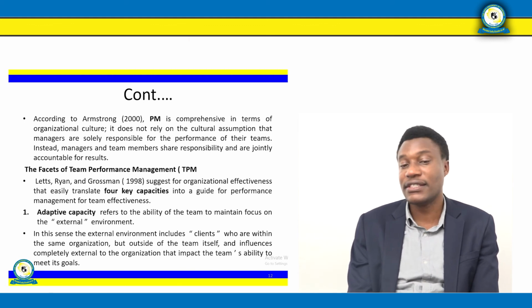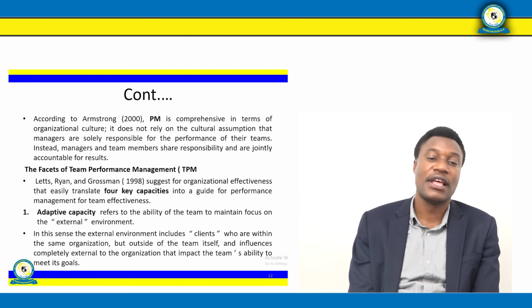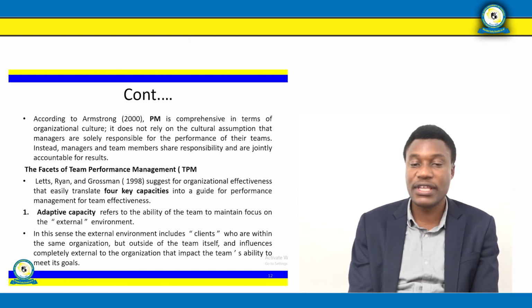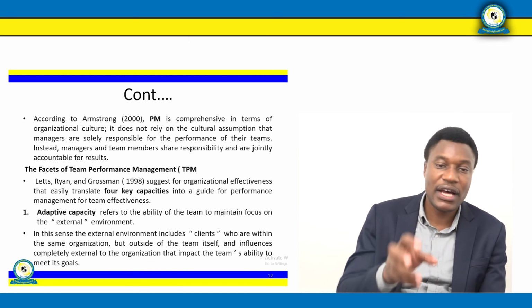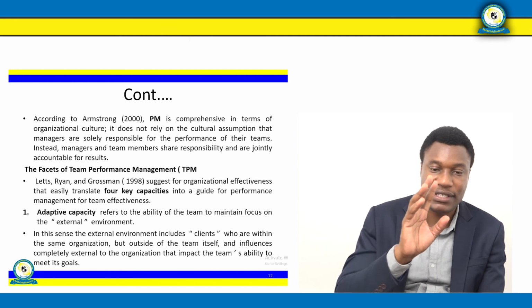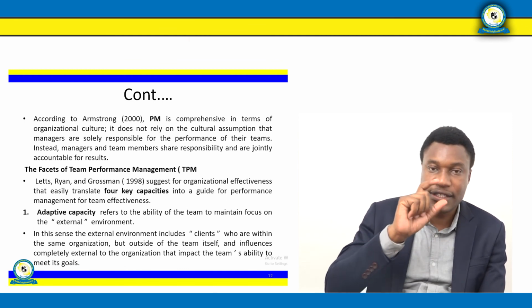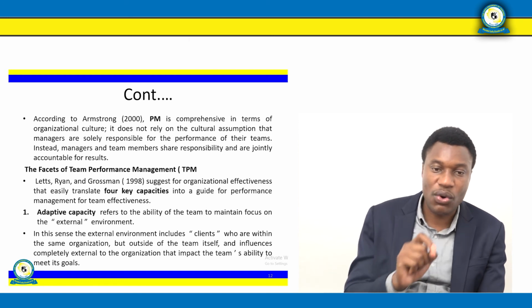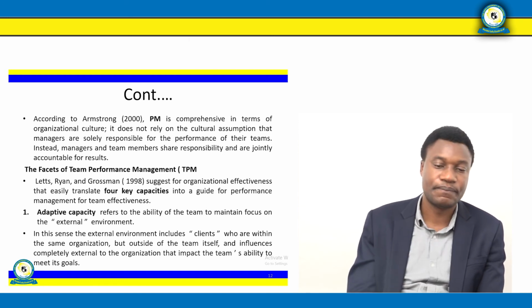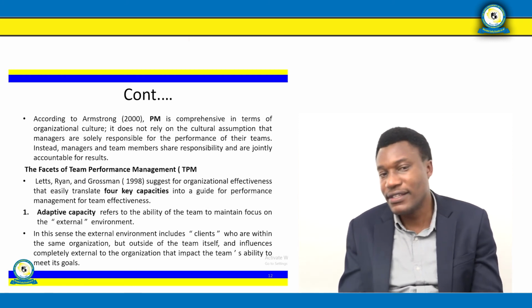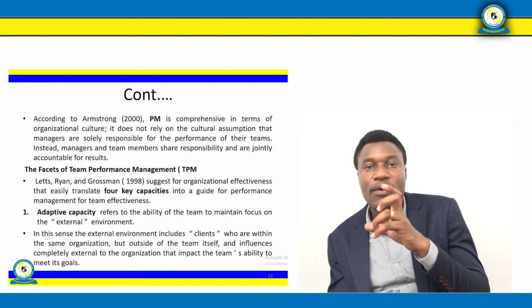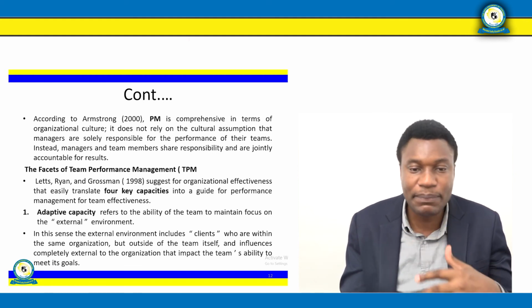Grossman, 1998, suggests for organizational effectiveness four key capacities that easily translate into a guide for performance management for a team. So there are four key capacities that can guide a team to perform well or have good outcomes. One, adaptive capacity. A team must have adaptive capacity, to adapt to the situation.